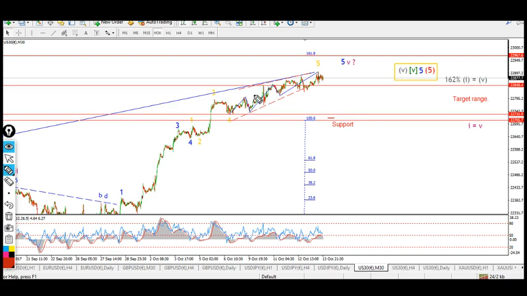We might print another high, and it just reforms the internal structure here, because we could be looking at 1, 2, 3, 4, 5 into Friday's high, or we could be talking about 3 waves up. 1, 2, 3, 4, 5. If you can follow that.